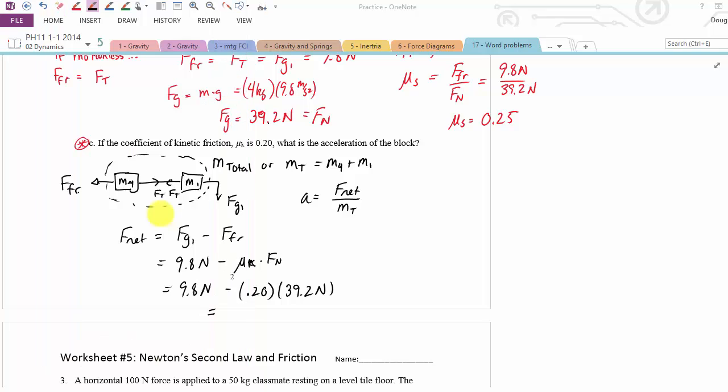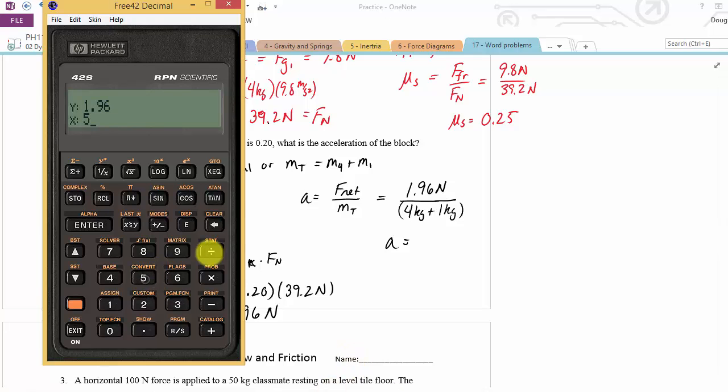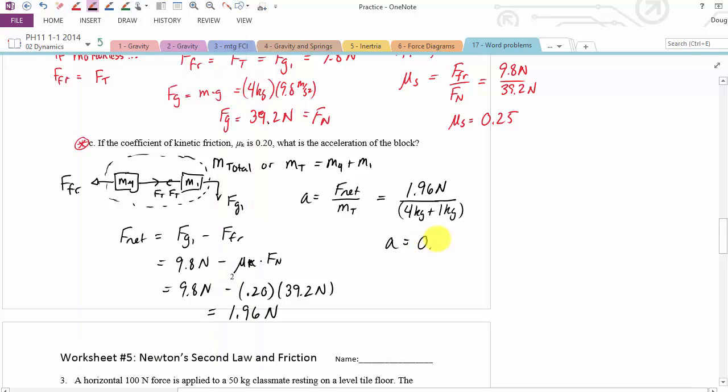So that's 1.96. So that's the total force acting on that system of objects. So the acceleration is 1.96 newtons. The total mass is 4 kilograms plus 1 kilogram. So we'll divide this by 5. So the acceleration is 0.39 meters per second squared.